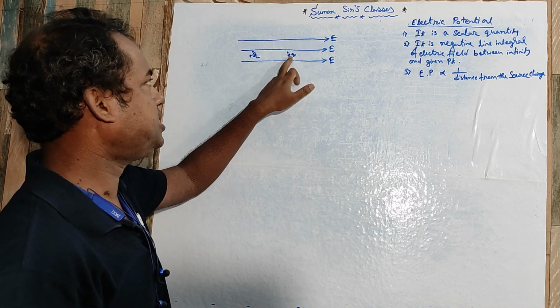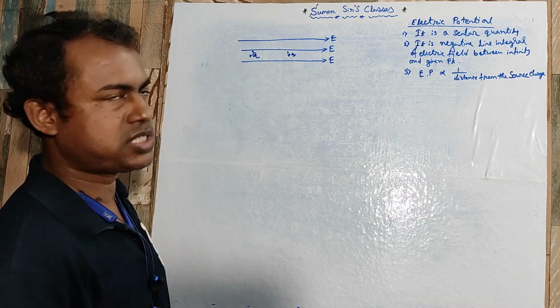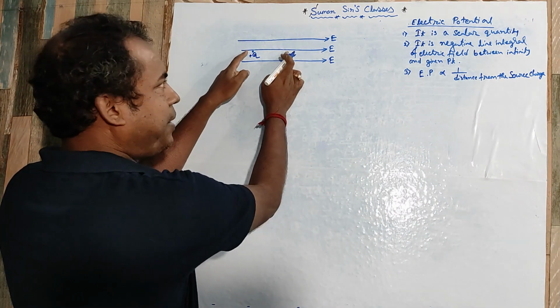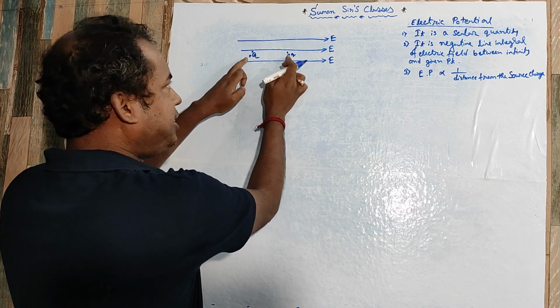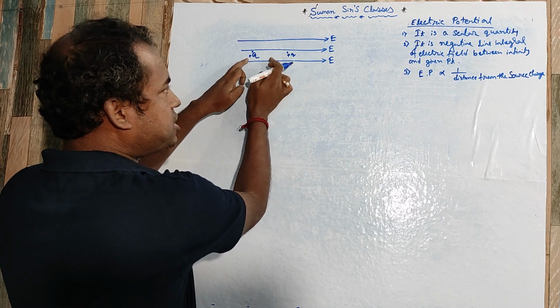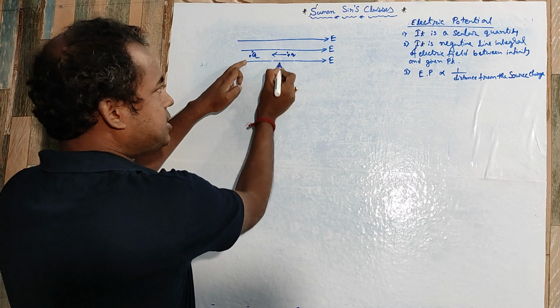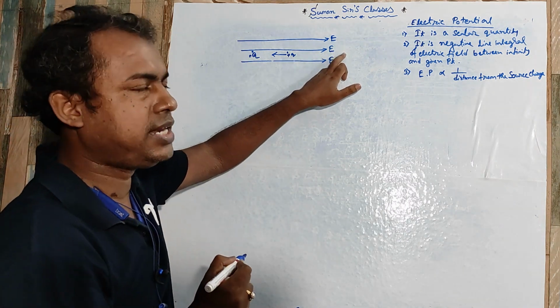When the test charge is moving towards the source charge, it has some particular fixed distance. Both of these are positive. So when the test charge is moving towards the source charge along this direction, the test charge is placed in the electric field.